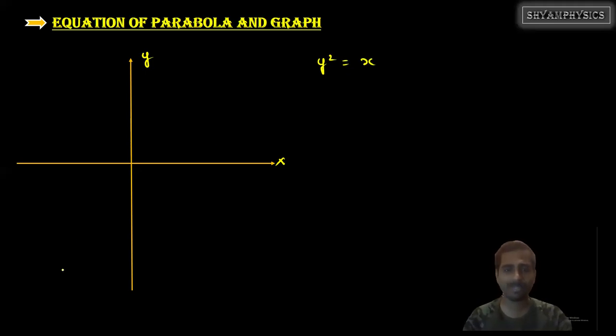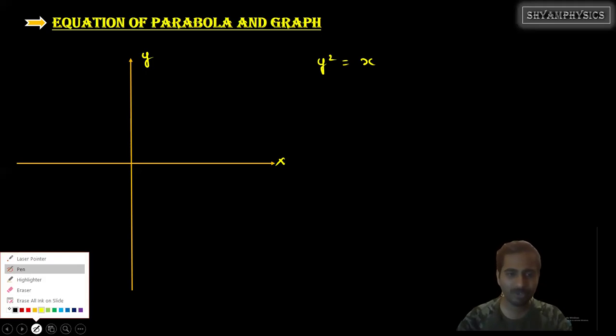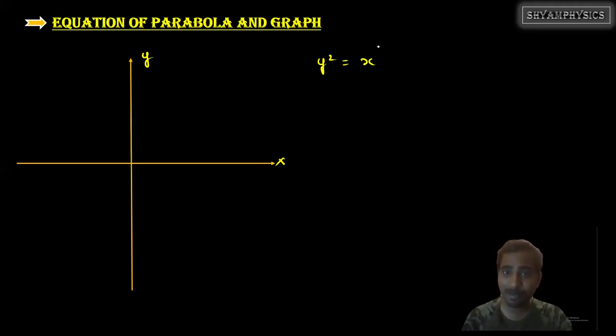Now how will the graph come? It is very simple. You just told which side the power is 1. On that side the graph should open. So the graph has to open with a curve like this. Done. This is the nature of the graph y square equals x.